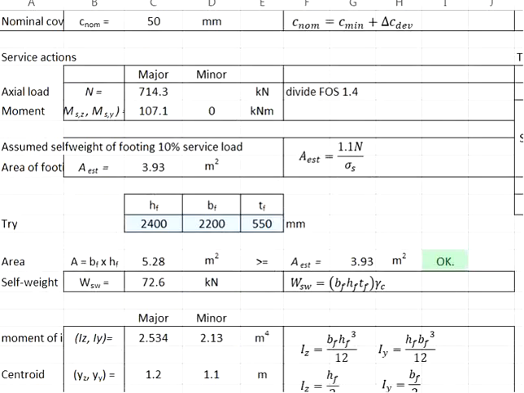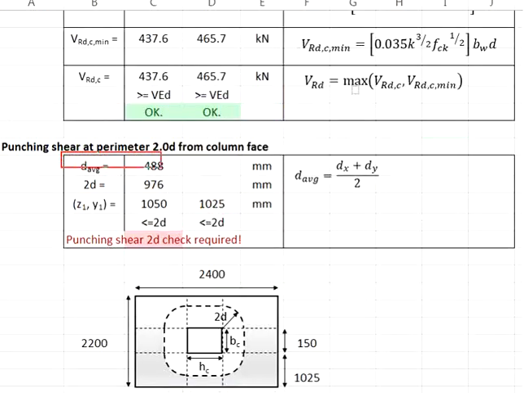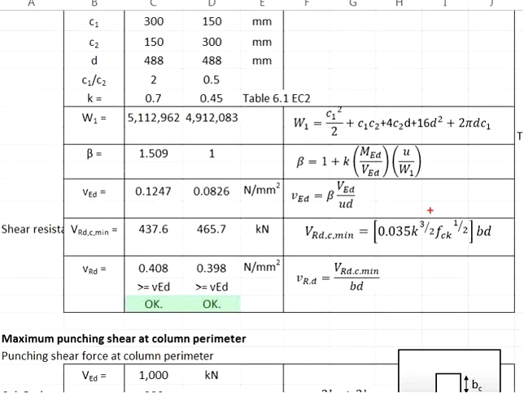To rectify this, you may increase the thickness of the pad footing. By increasing the thickness of the pad footing, you increase the effective depth. As your effective depth increases, the punching shear stress reduces. This leads to a higher chance of it being less than the punching shear resistance.